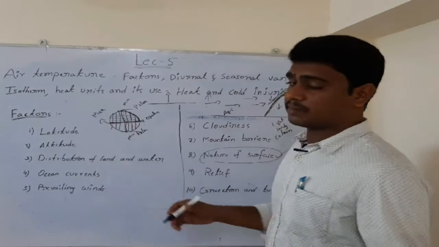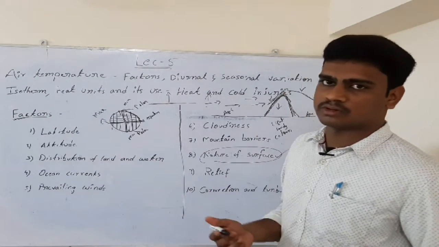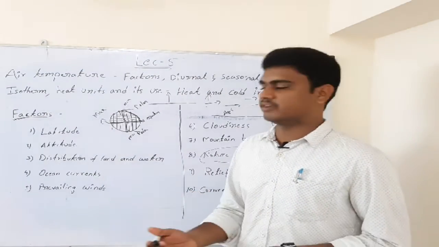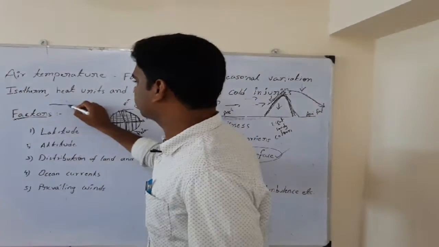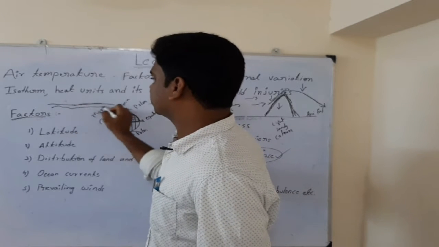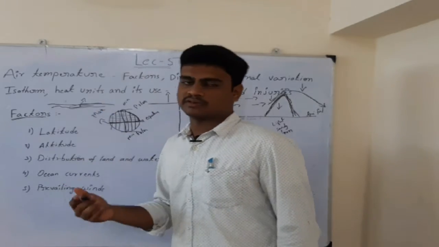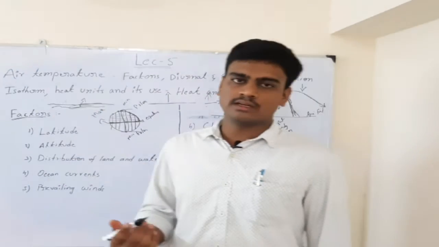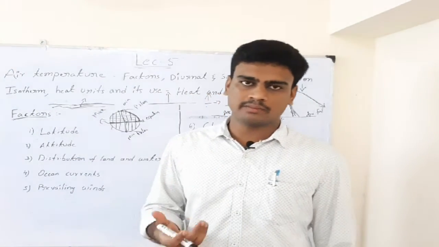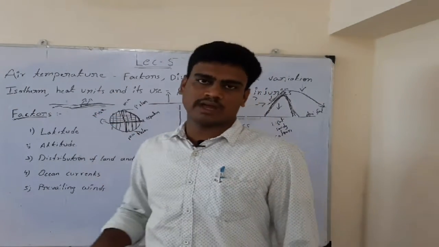When black soil is there, that particular soil will absorb more sunlight and get heat quickly. When it gets heat quickly, this soil surface will again reflect back the temperature received from the sunlight into the atmosphere.